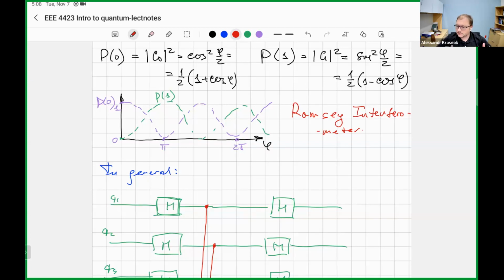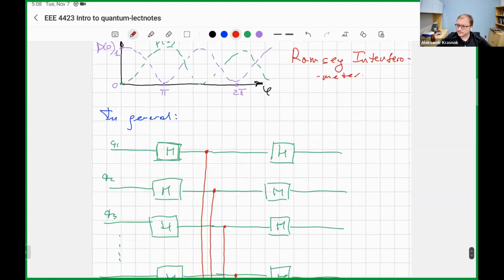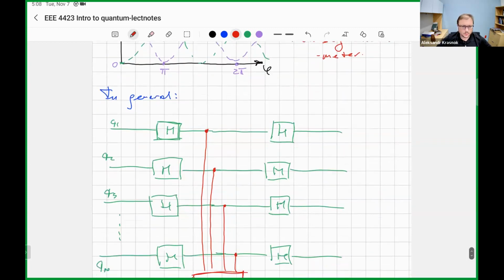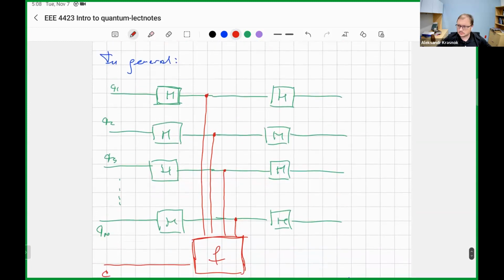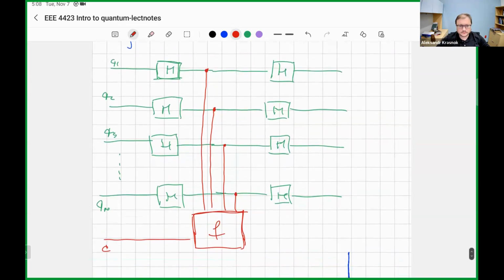In general, this type of device is a nice example of a quantum algorithm or quantum approach where we have opening Hadamard gates and closing Hadamard gates, and some circuit or algorithm sandwiched between these two layers of Hadamards.